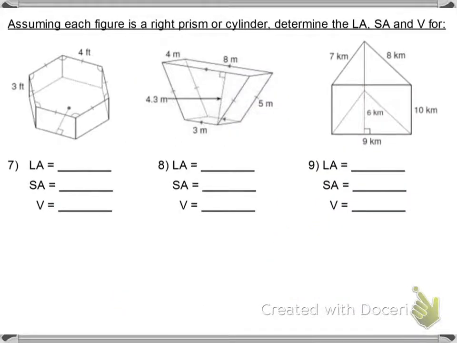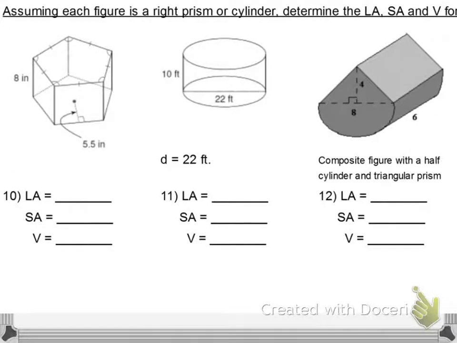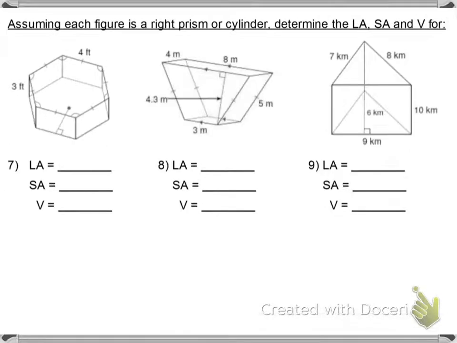Okay, on the rest of these, I think what I'm going to do is we're just going to label the parts and just get everything that we need, because after that you would be able to plug it in. And so, like on number 7, let's do this.